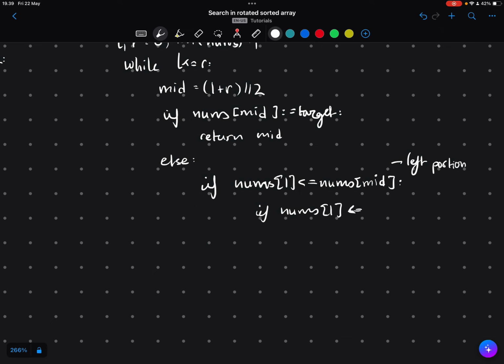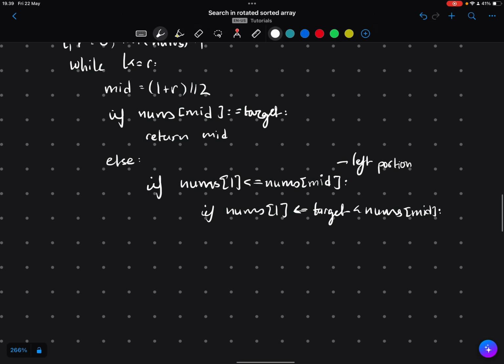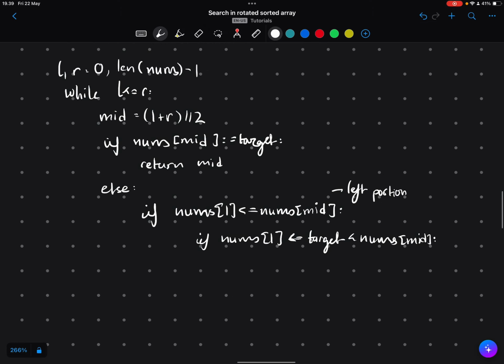Now we will just check whether our target exists within that particular range of values. If it does, we are happy to go that way, and we would now restrict our binary search to that. So R equals mid minus 1. We are only considering the left portion now.